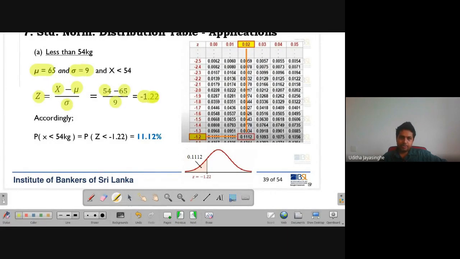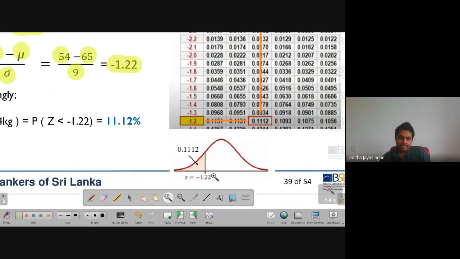Negative 1.22. See, in this Z table, we move to the negative territory. It starts at negative 3.9 and there's a 0 here. So for this negative 1.22, the corresponding value is nothing but 0.112.